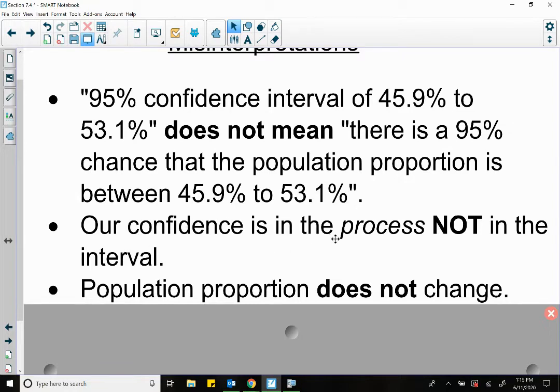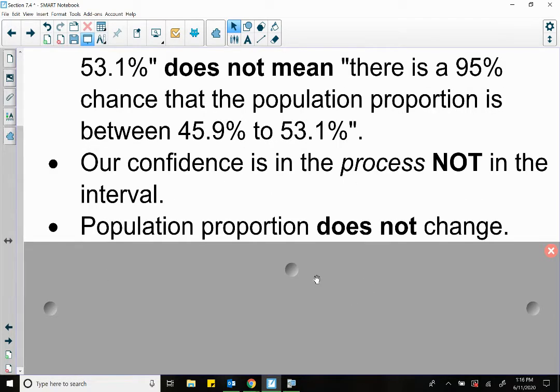What you are talking about is that our method 95% of the time will give us an interval that contains the population proportion. It is about the process. We are 95% confident in our process, not in the interval. I'll give you an example of this in a second to illustrate what I mean.